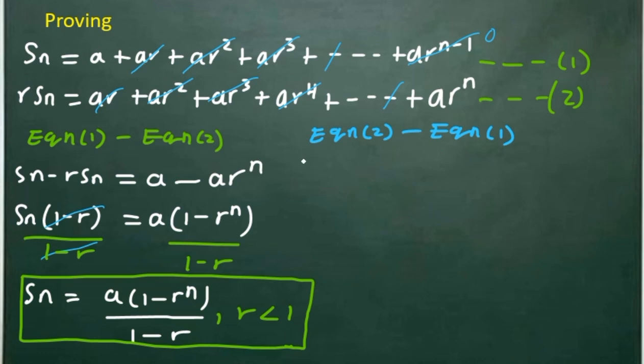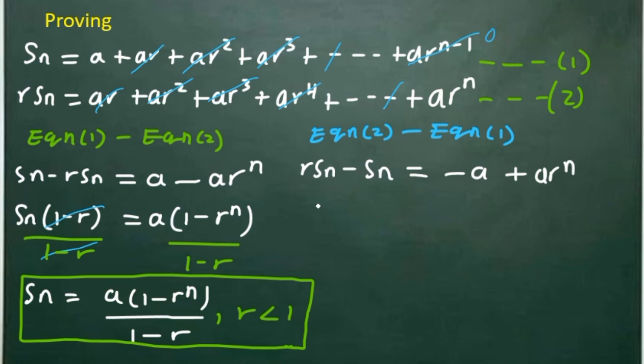But first of all, let's write the expression rSn minus Sn. This will be equal to equation 2 minus equation 1. As I said earlier, the value of a is 0, so this will be 0 minus a, so we have minus a. All those other terms are gone, as I explained earlier, and we have ar to the n minus 0, which will be plus ar to the n.